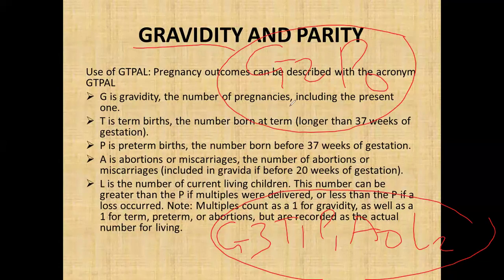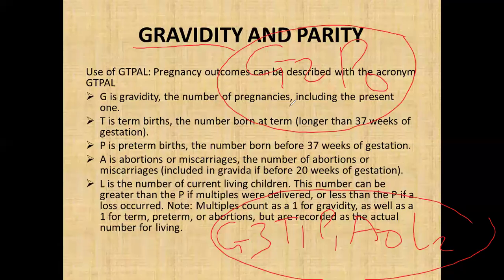So I was explaining what gravidity is: the number of pregnancies, including the current pregnancy. And so when you go to the ANC or the maternity and someone is pregnant and you see in the book that the person has G2, that means the person has had two pregnancies including the current one. So there is a previous one and the current one.